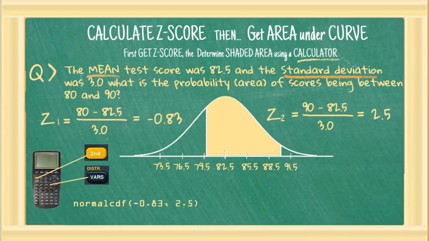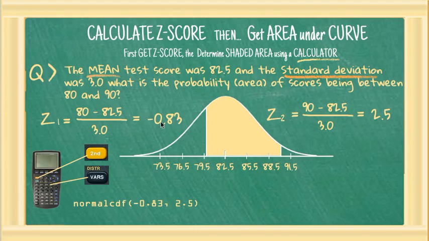Some of you are bumping up to an 84 now, which is good. It's a little different, has a few more actual features for making it very precise, but the 83 and 84 are very similar. So I hit the second key and my distribution, which is above the vars, and here under vars, I look for normal CDF, and then I'm going to give the range that I'm interested in.